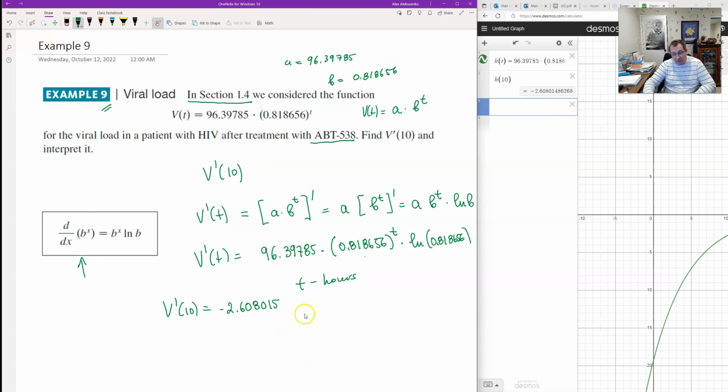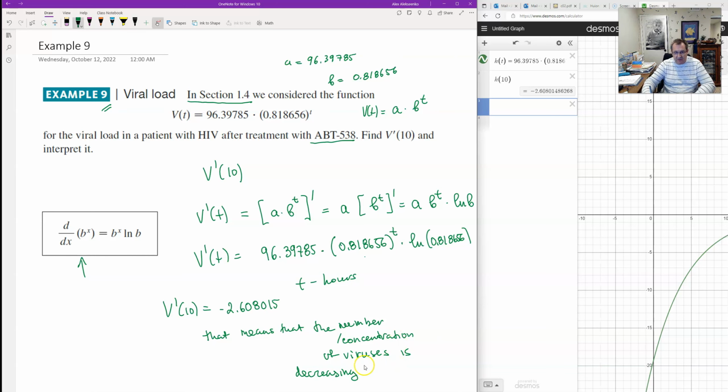And the derivative turns out to be negative, which is good. That means that the number or concentration of viruses, or viral load, is decreasing. It's changing with a negative rate.